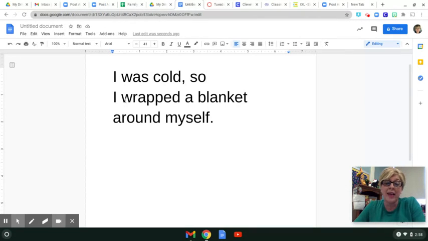I don't need to do anything with the second I because we always capitalize I. The second period is there as well. So now I've taken those two simple sentences and merged them into one compound sentence using a comma and a coordinating conjunction. Tomorrow, we'll give some more examples and talk more about those conjunctions.